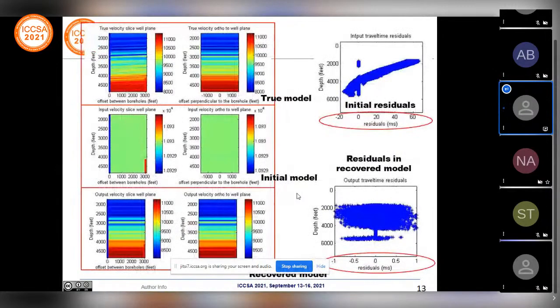And here we can see an example of inversion: true model, initial model, and recovered model. So this approach works not only for travel time and travel path calculation, but also for inversion, which is a very promising approach. That's all. Thank you.